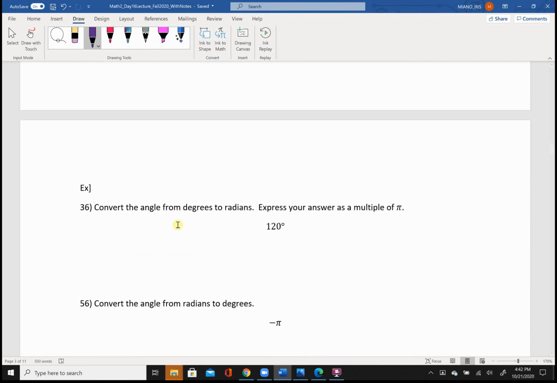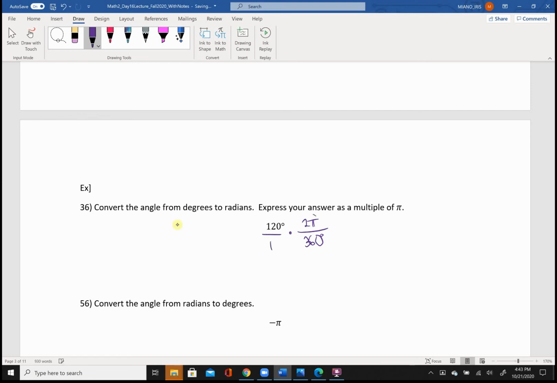Personally, I've been ingrained to use this conversion ratio, 2 pi over 360 degrees. It is okay to use pi over 180. In fact, that's not how I have it in my notes because this is just my go-to. And also you could put this over a 1.